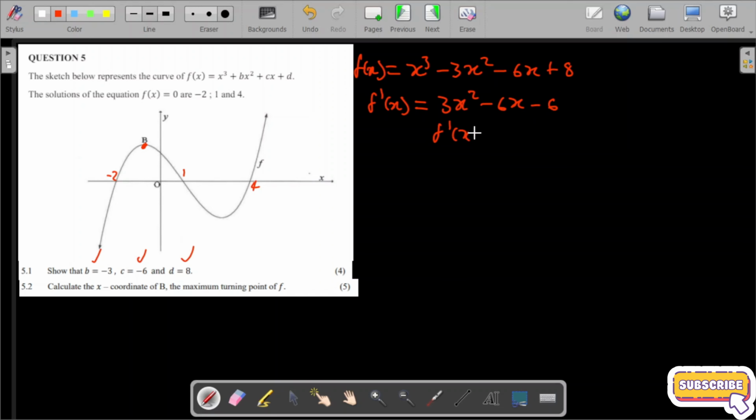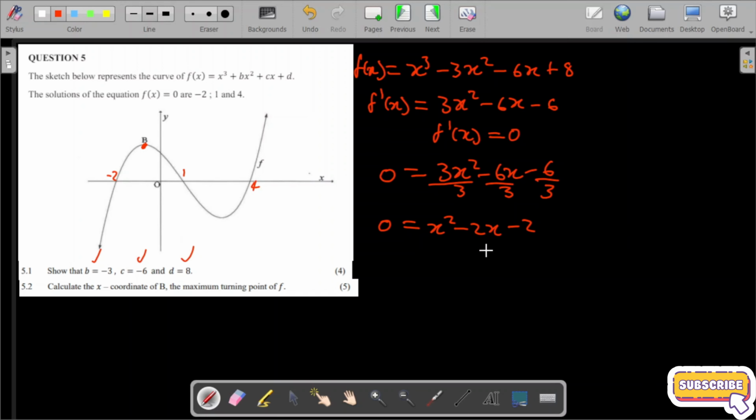The derivative is going to be equal to 0, so 0 is equal to 3x squared minus 6x minus 6. We can divide by 3 throughout, and then 0 is equal to x squared minus 2x minus 2.